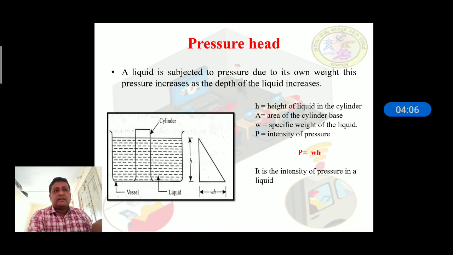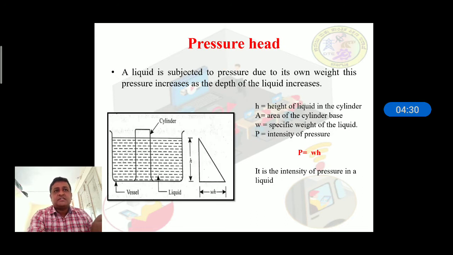Here we consider a vessel containing a liquid as shown in the figure. The liquid will exert pressure on all sides and the bottom of the vessel. Now let a cylinder be made to stand in the liquid as shown in the figure.